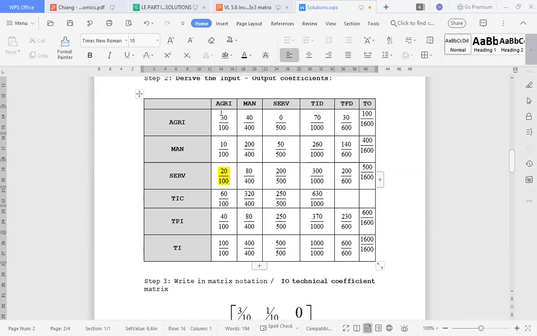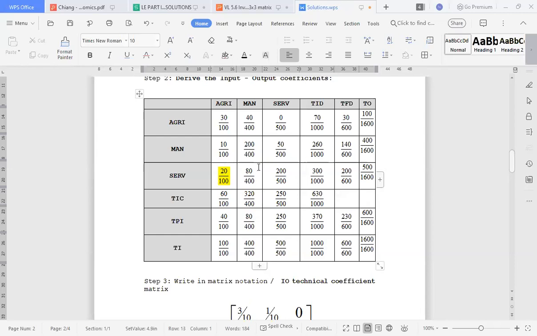So how did we arrive at the percentage? That's 30 divided by 100 times 100. So 30% came from agriculture, 10% came from manufacturing, and 20% came from services.